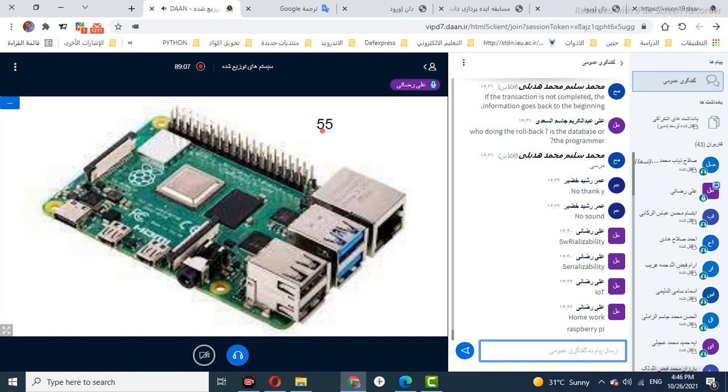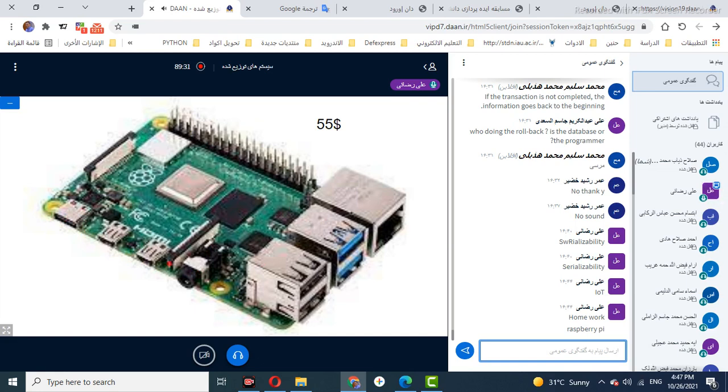It's $55. It's a full computer system. It has everything: USB ports, LAN port. It also has some modules to enable SIM card, Wi-Fi, Bluetooth. Also, it provides an HDMI port to connect to a television.